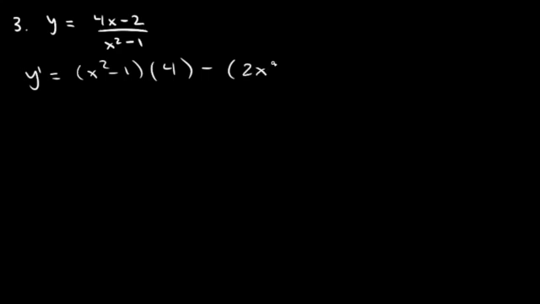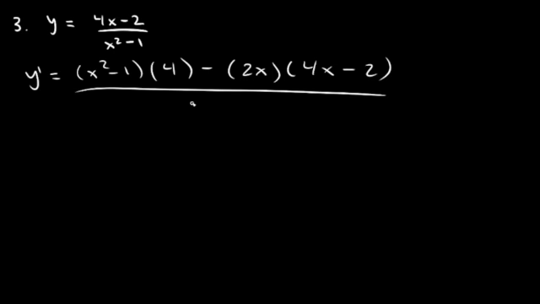And if you don't know how I'm getting these derivatives, make sure to go check out my previous video on the basics of differentiation. And so that is the derivative of x squared minus 1, and you multiply by 4x minus 2. And this is all over the bottom, x squared minus 1, squared.